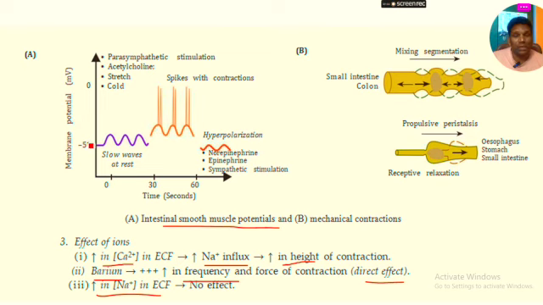Here I could say parasympathetic stimulation, acetylcholine, stretch, cold and others will influence the activity of the smooth muscle.